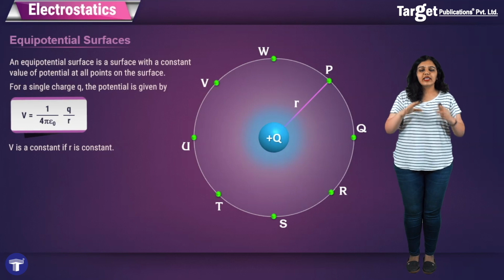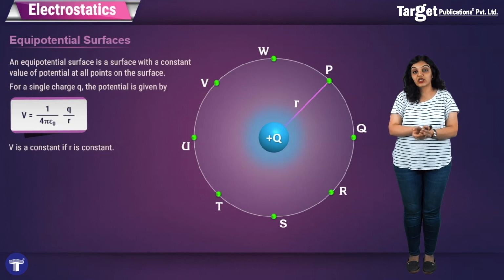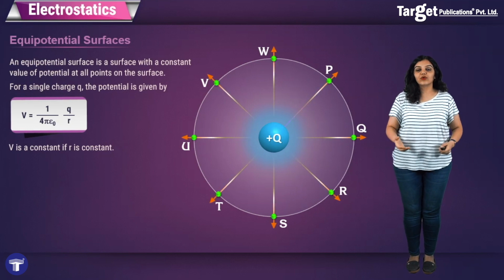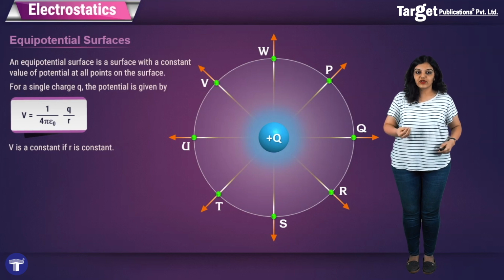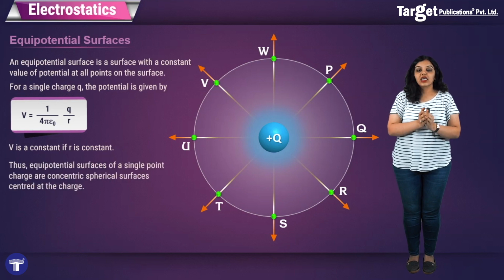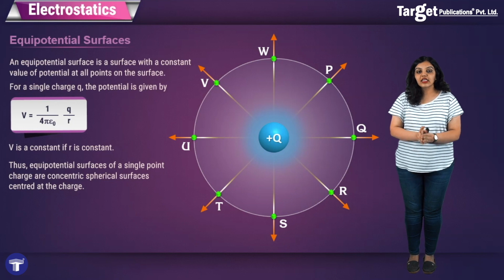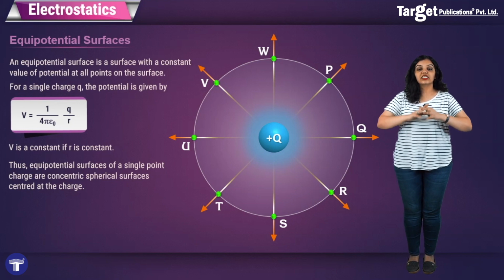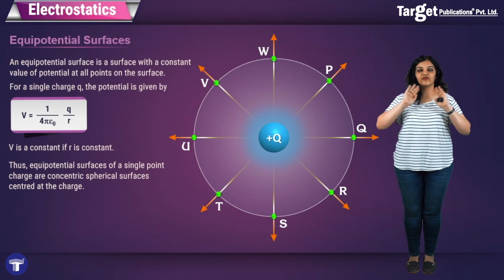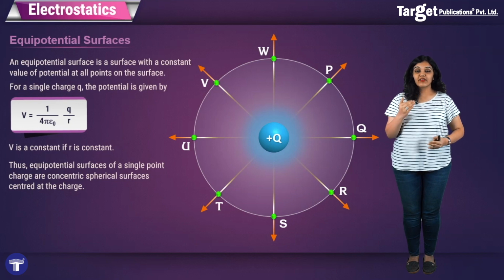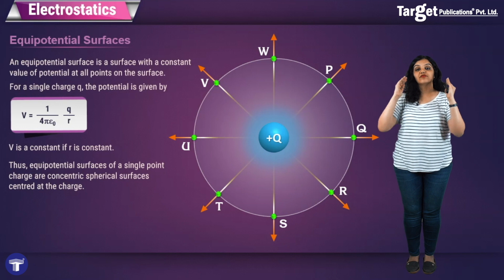And then by joining all these points at which the potential is constant, I will get what is known as the equipotential surface. So as I have said, an equipotential surface is a surface on which the potential at all points is the same. So for a single point charge, you can see very clearly that the equipotential surface is a concentric spherical surface. It's spherical because here we have just shown it in 2 dimensions, but actually it will be a 3-dimensional object. It will be spherical.